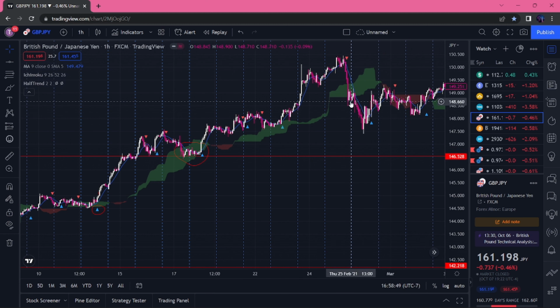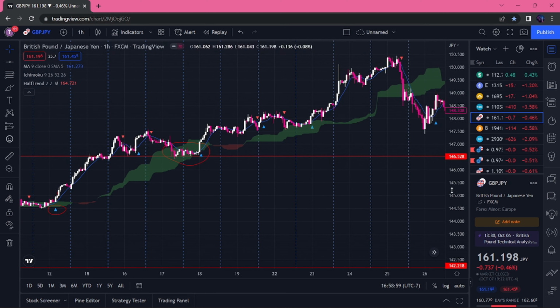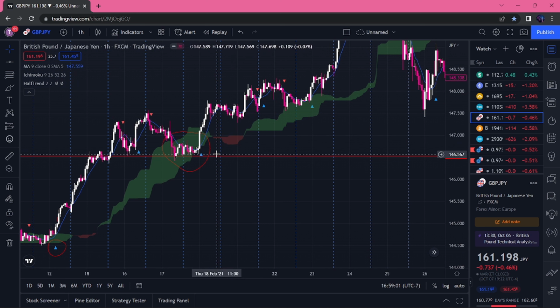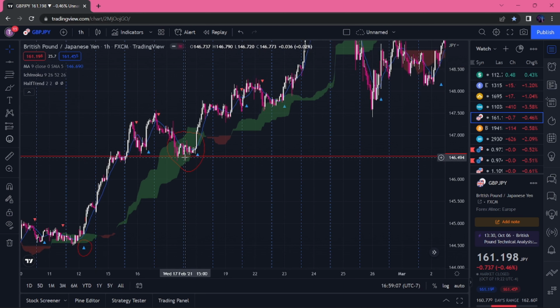And here, as you can see, we are starting to close below the cloud. This would be an automatic jump out of the trade. Here we do have a little bit of closing below the cloud, but like I said, if you use support and resistance indications, you would have stayed in this trade longer.